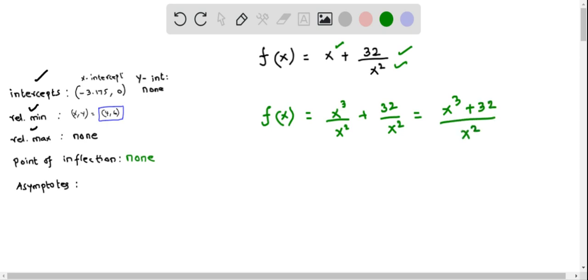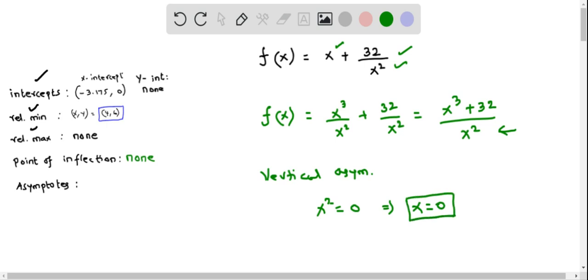So basically, this is in the form of a rational function. So now to find the vertical asymptotes, we should set the denominator of this function to 0. The denominator is x squared. So x squared equals 0, and this means x equals 0. So therefore we see that the equation of the vertical asymptote is x equals 0.